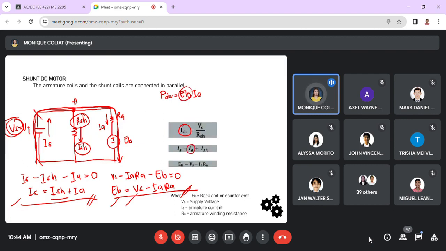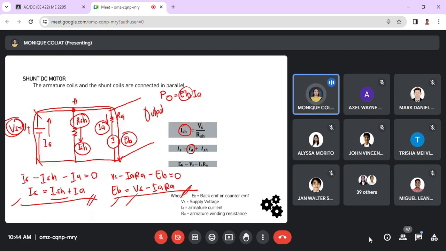Ano, di ba? At let's say PO na lang, output power, kasi kung makikita nyo, di ba ito na yung output natin, output side natin. Ito na, oh. So your output power will be voltage times current. So yung voltage dito, which is EB, times yung IA. Okay?